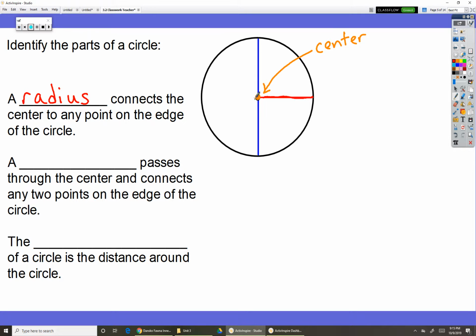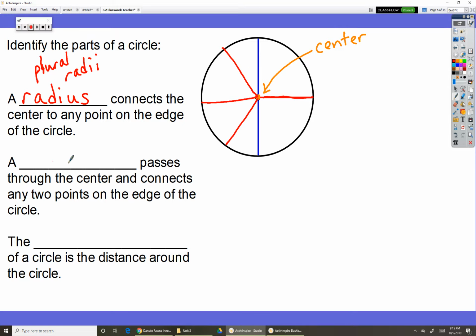We call more than one radius a radii, so the plural of radius is radii. We could draw unlimited radii. Here's another radius, here's another radius, here's another radius. So I have 4 radii drawn on the circle, and there's an unlimited amount that I could draw inside the circle.